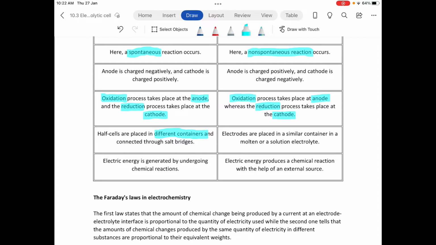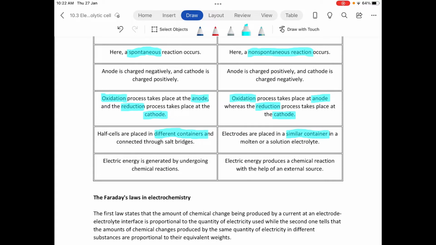However, for electrolytic cell, electrodes are placed in the same container, in a molten or solution electrolyte. So we just have to use one beaker because we only use one electrolyte, whether it is a solution or molten salt. And lastly, as before, electrical energy is generated by undergoing chemical reaction.